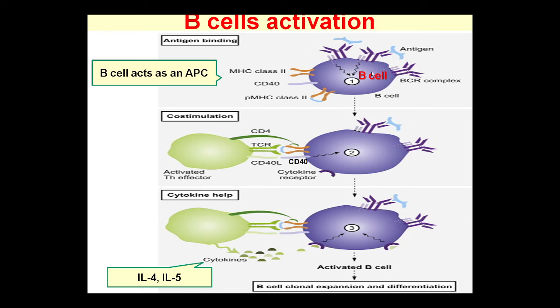Now, here you see how B cell in the upper part, number one, serves as an antigen recognizing cell, because antigen binds to the immunoglobulin receptors. After that, the cell processes and presents this antigen together with MHC molecule type 2.